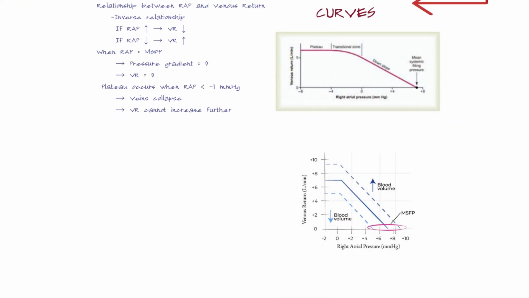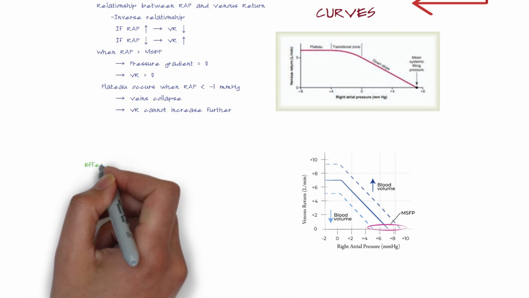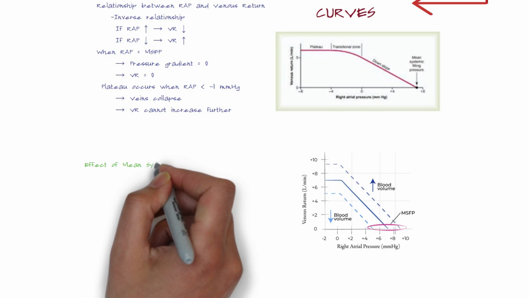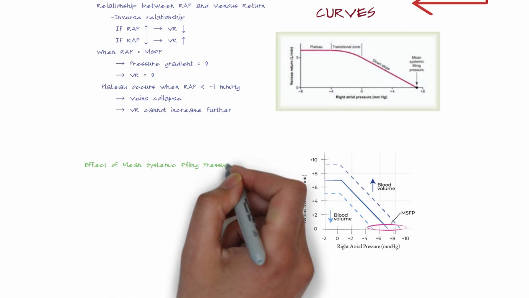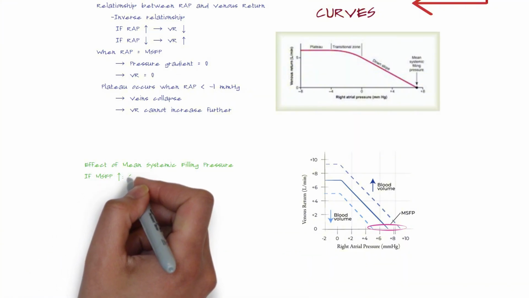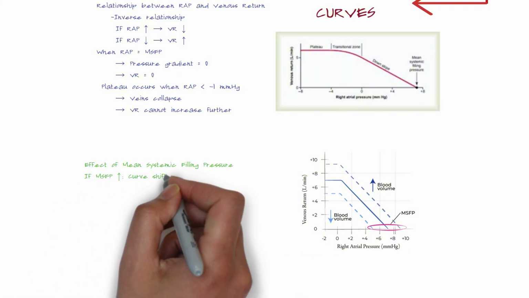Curve 2 describes the relationship between the venous return and the mean systemic filling pressure when the right atrium is fixed. So, if the mean systemic filling pressure increases, the curve shifts up to the right, and if it is decreased, the curve shifts down to the left.